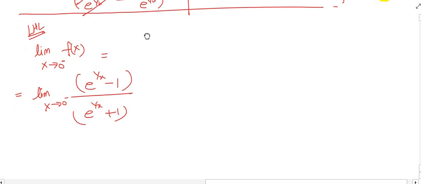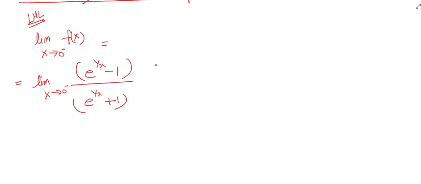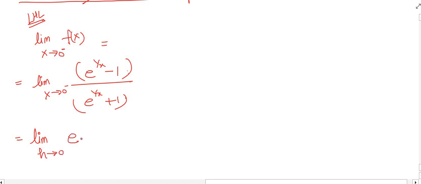Now what to do? I told you whenever there is a numerator and denominator, we usually use the h method. So I am using the h method, in which limit h tends to 0 and x is replaced by 0 minus h. You remember why minus?